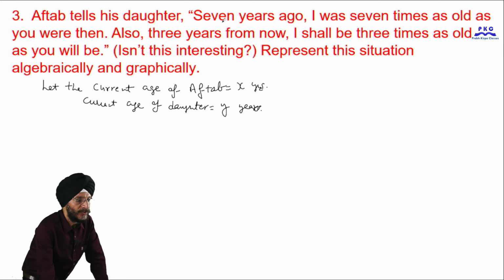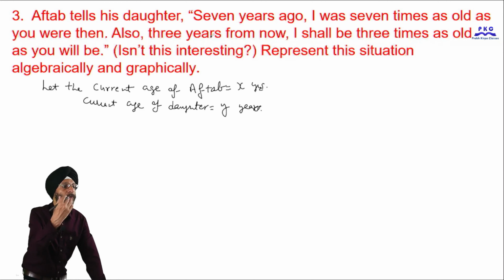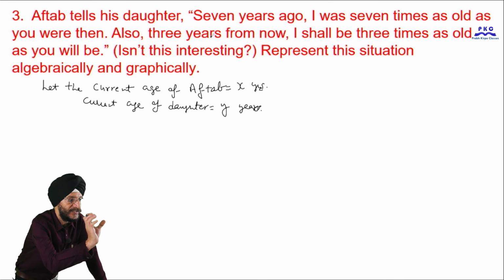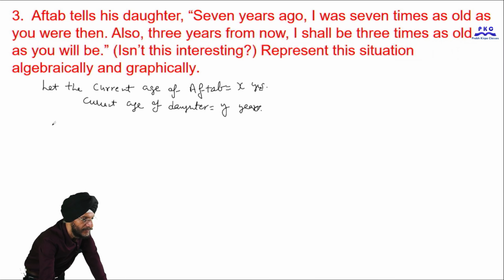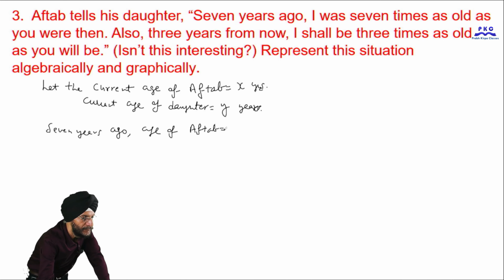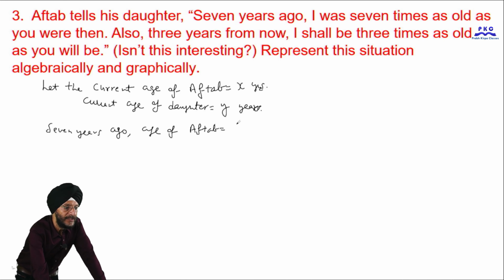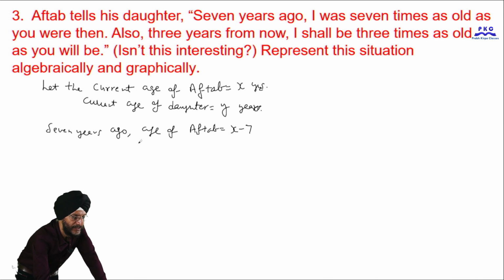There are two scenarios, 7 years ago and 3 years from now. First, we will deal with 7 years ago. Seven years ago, what will be the age of Aftab? X minus 7. 7 years ago, what will be the age of his daughter?